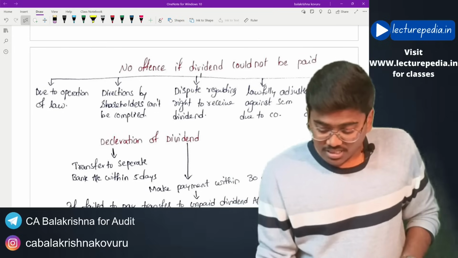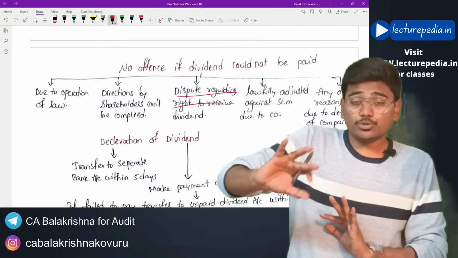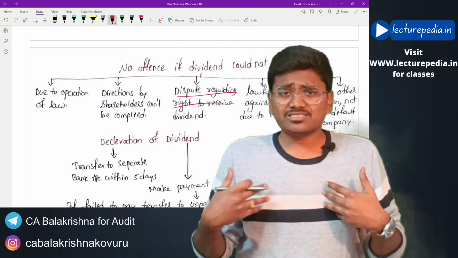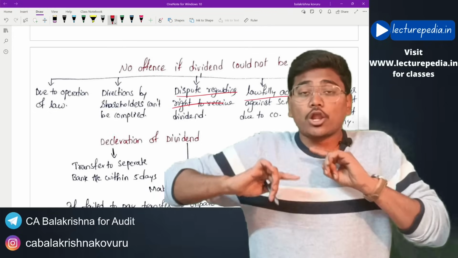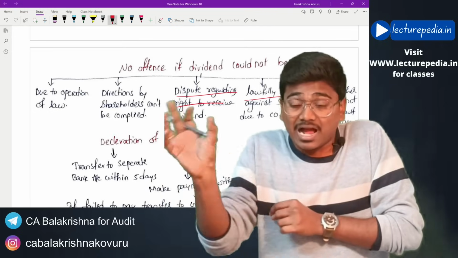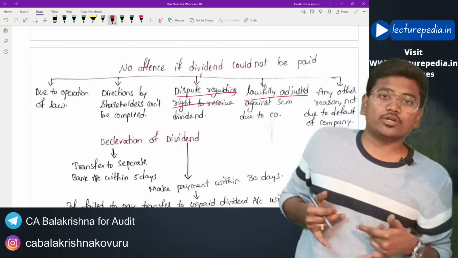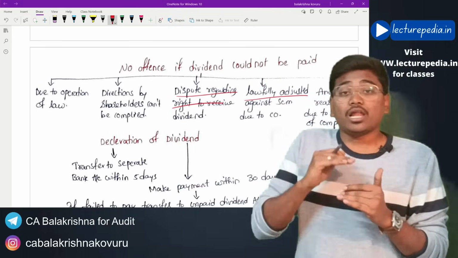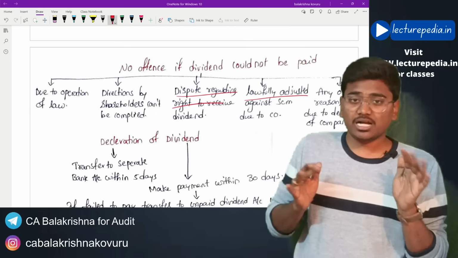In the same way, if there is any dispute regarding the right to receive the dividend, a dispute regarding ownership of the shares, even in that case, there is nothing wrong with the company. And if the company has lawfully adjusted the amount of dividend that has to be paid to the shareholder against the amount that has to be received from the shareholder by the company, the company can lawfully adjust the amount of dividend against the amount that has to be received by the company.